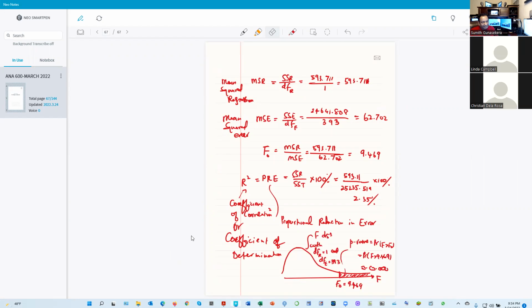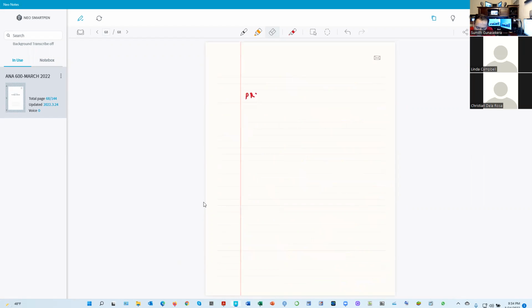Here they say that the ranges of the tree you can remember: 0.01, 0.09, 0.25.